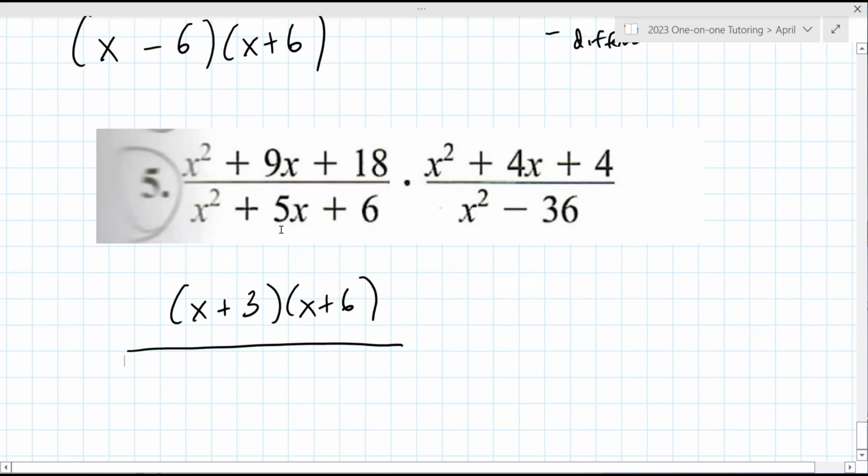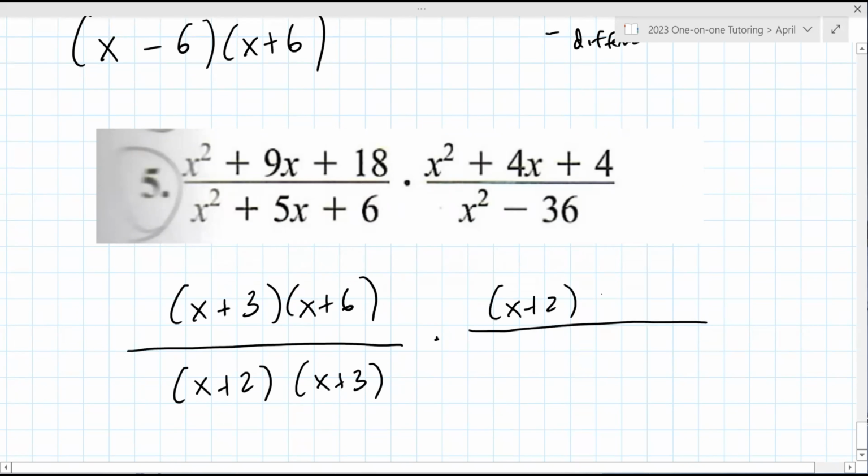Instead of the x squared plus 5x plus 6, you said x plus 2, x plus 3. Instead of the x squared plus 4x plus 4, you said x plus 2, x plus 2. Instead of x squared minus 36, you said x minus 6, x plus 6.